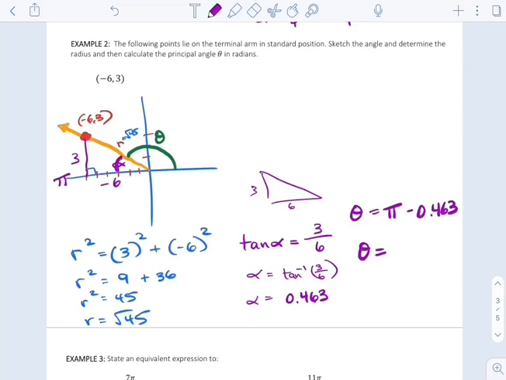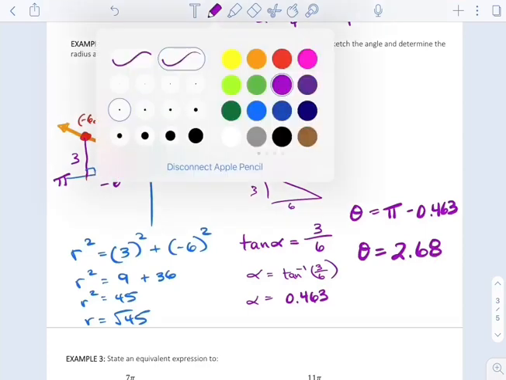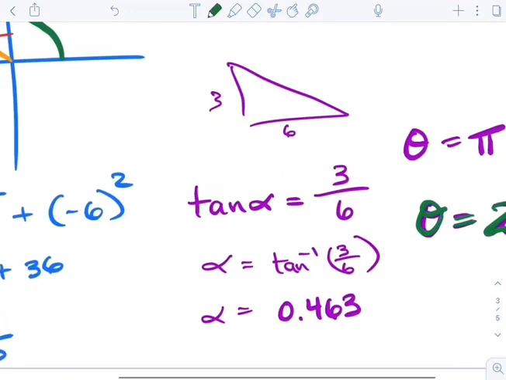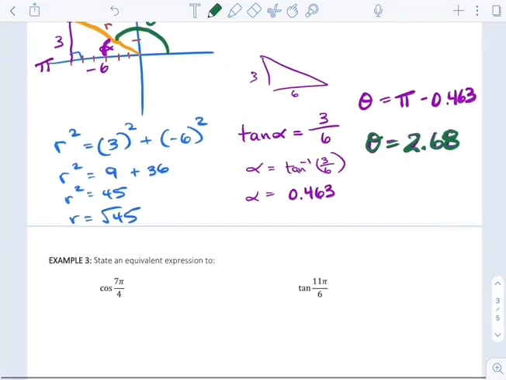Pi, remember, is 3.14, minus 0.463, and we get 2.68. That's our principal angle that we're working with. I should probably do that one in green because it was green on the picture. And that's how we find that one. Had I put in the negative 6 here, all that would happen is this would be a negative radian, and you'd have to change that one.